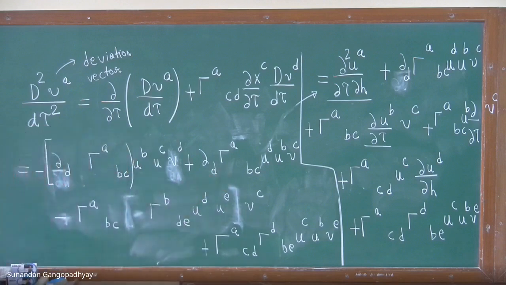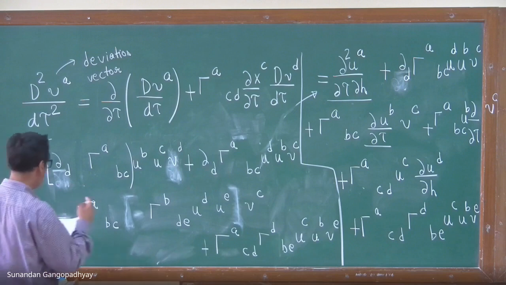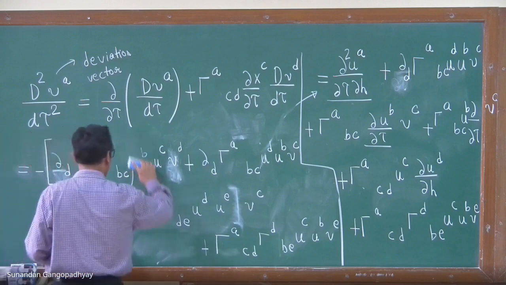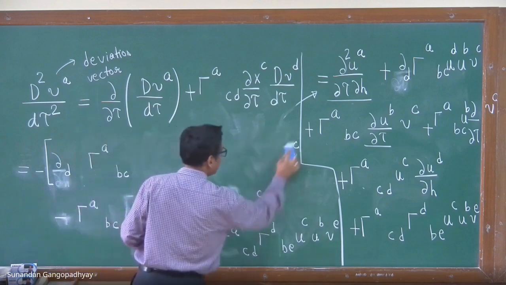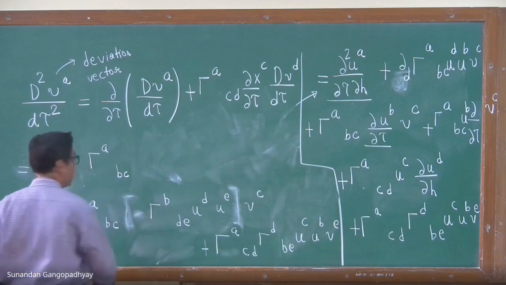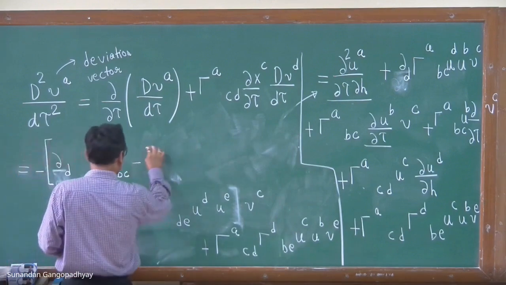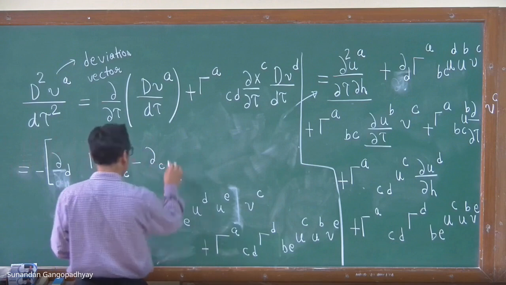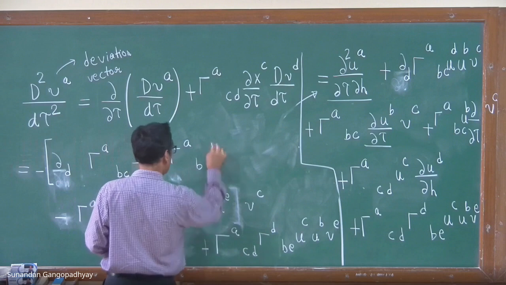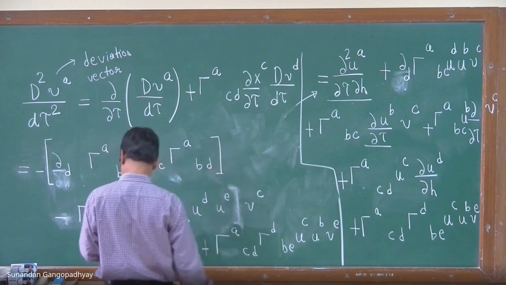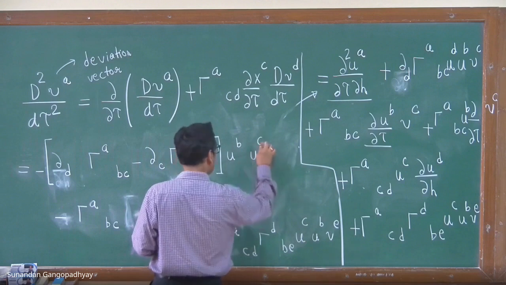Okay? So if you combine it, you will find that this will lead us to the following. If you are confused, then I can work out the step. It's not that difficult. You will see gamma A, B, UB, UC.